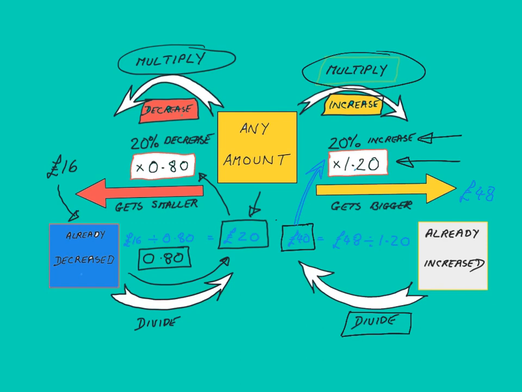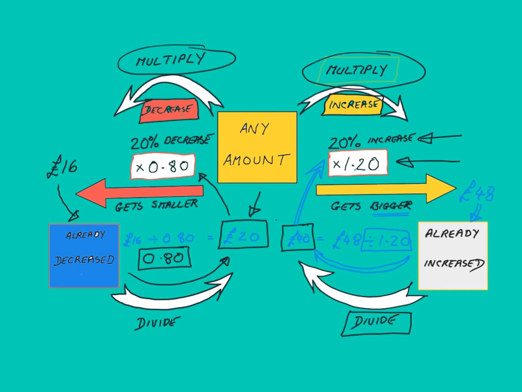It will be more, it will have got bigger, but then, since it's now already been increased by a multiplication, to go back to what it was originally, we need to divide by the factor we used to start with, the 1.2, divide by 1.2, and it takes us back to 40.